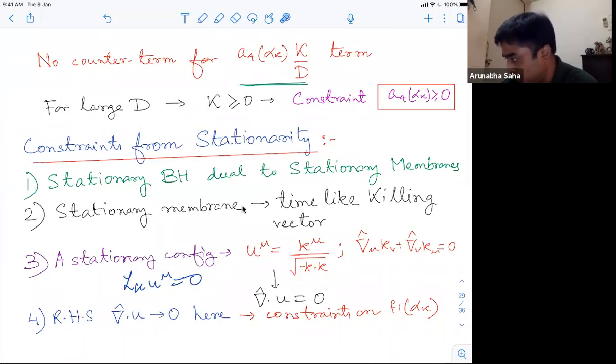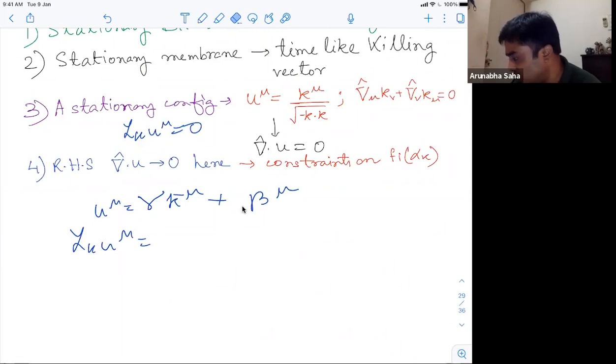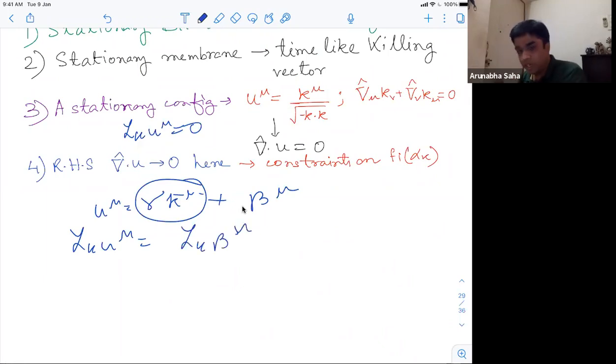Suppose U mu was, as you said, K mu plus some beta mu. Then L_K of the K mu part is 0, which is more or less trivial. Then you have to determine that L_K of beta mu is equal to 0. So you have to figure out a constraint for which L_K of beta mu is equal to 0. And I couldn't figure out a general form of beta mu.